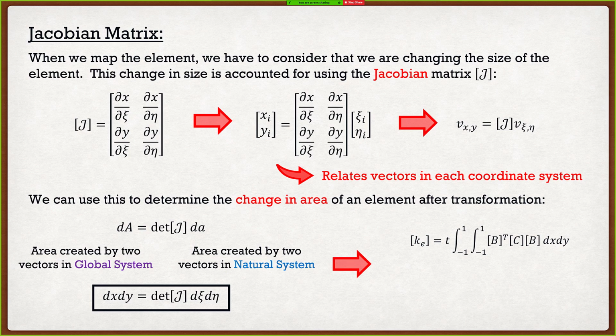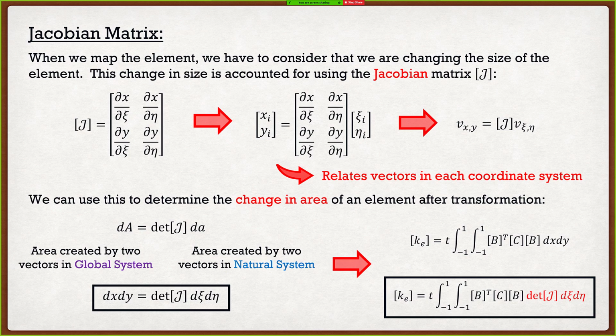Now, this is going to be the solution to that big problem that we had before. Remember, before we said when we had our stiffness matrix and we transform coordinate systems, we have to account for the fact that we're not integrating with respect to dx and dy anymore. We're integrating with respect to d eta and dz. Well, now we have a nice relationship between dx, dy, and d eta, dz. So therefore, I can take that dx, dy, substitute our nice relationship, and I get the following formula.